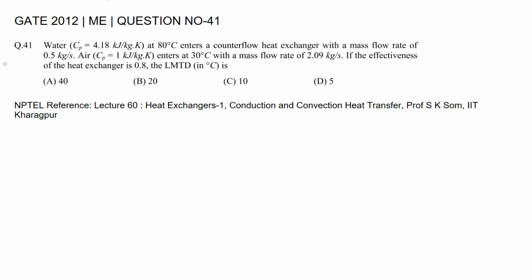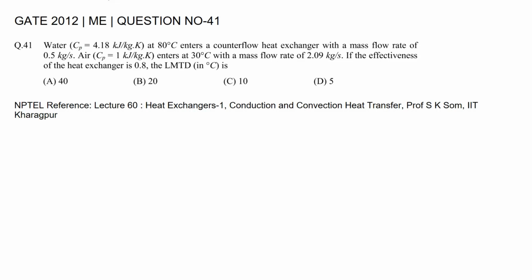If the effectiveness of the heat exchanger is 0.8, the LMTD, that is the logarithmic mean temperature difference in degrees Celsius is. So we need to find the LMTD of this counterflow heat exchanger.